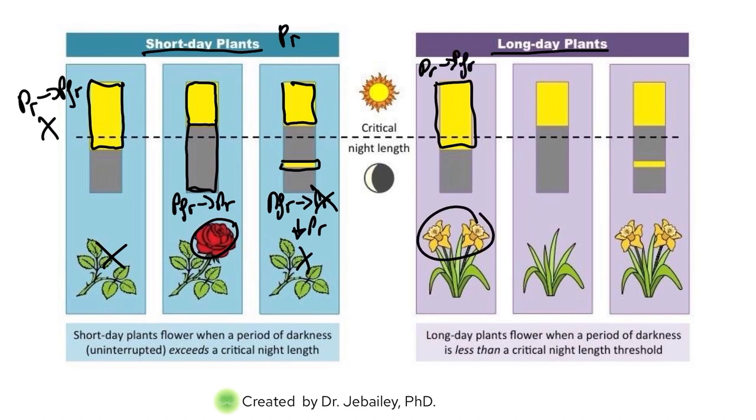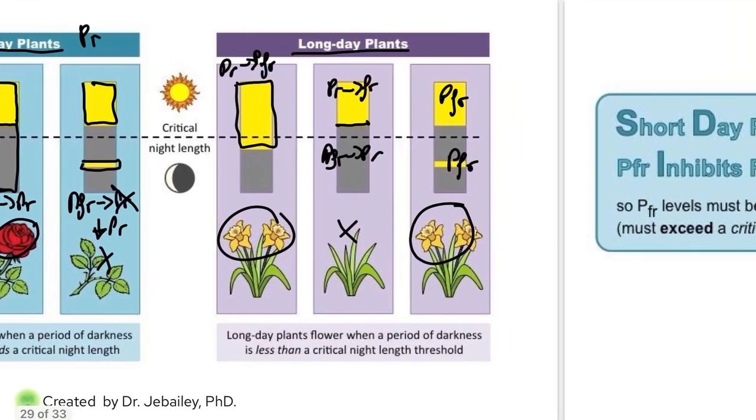Here, if you're not getting enough of the day, that means not all PR will produce PFR, and you will have most of the PFR turn into PR, so no flower. Here, you did convert most of them to PFR, and then you have the extra amount produced, so flower. So it's the night that is critical. If something goes wrong during the night, it can affect the whole process.